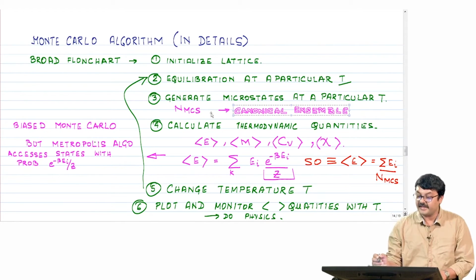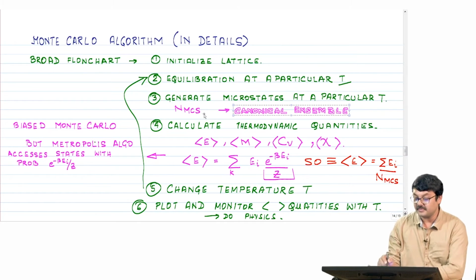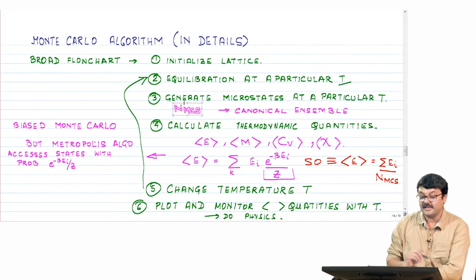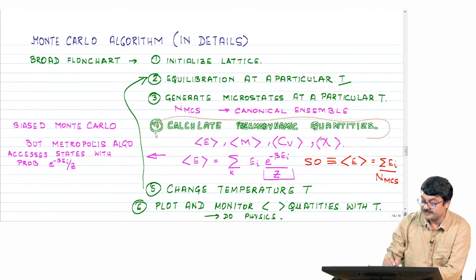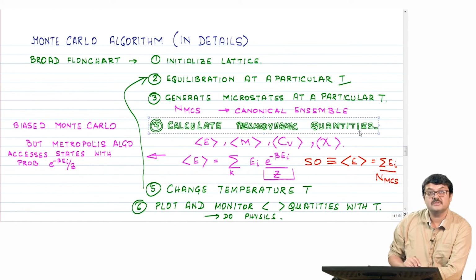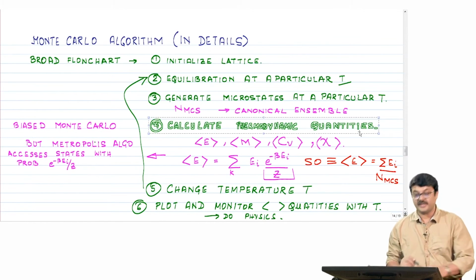Once you have reached equilibrium, you can have N MCS, the number of Monte Carlo steps, at a particular temperature where the system accesses different microstates, and you can use those to calculate different thermodynamic quantities.